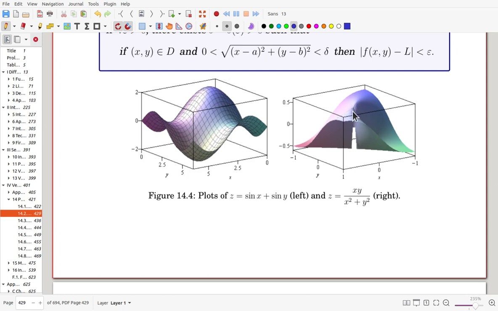So the definition is not really satisfied. We cannot choose L. In some direction the value is half, and in some other direction the value is minus half, so we cannot get L. So there is no limit. In fact, it is fluctuating up and down around the origin.